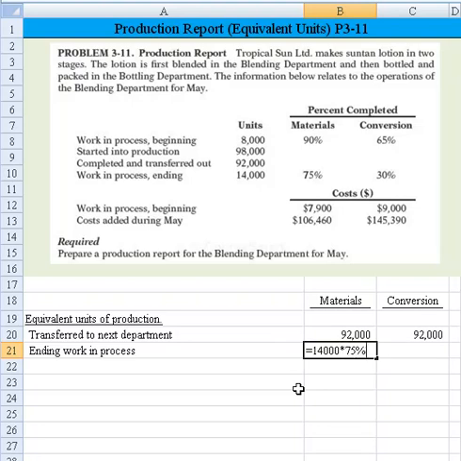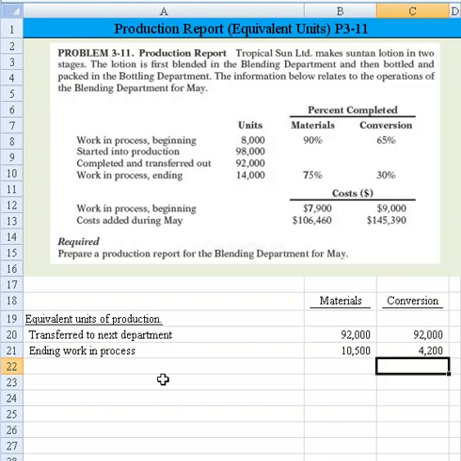So we'll take times 75%, and we've got 10,500 units. Now for conversion cost, we take the same 14,000 units, and we multiply them times the percentage that they were completed, which was 30%.